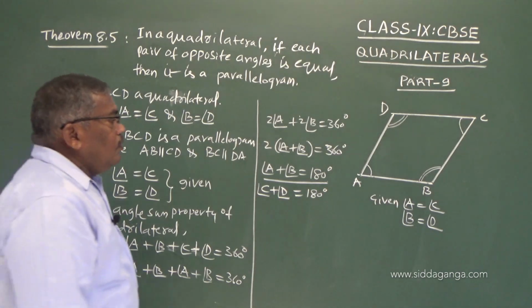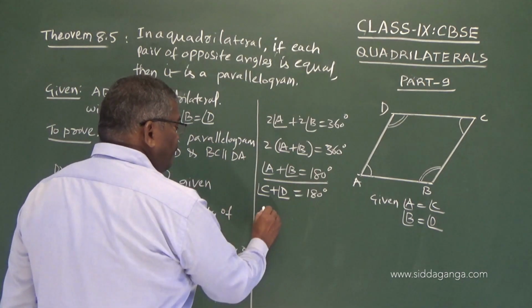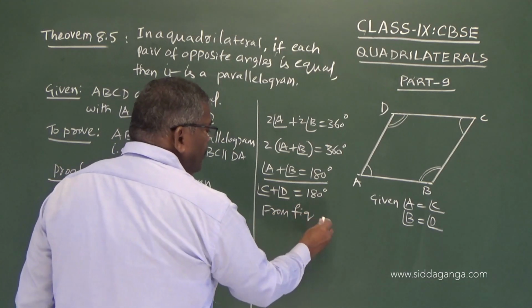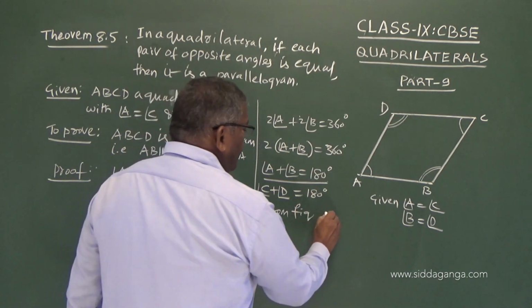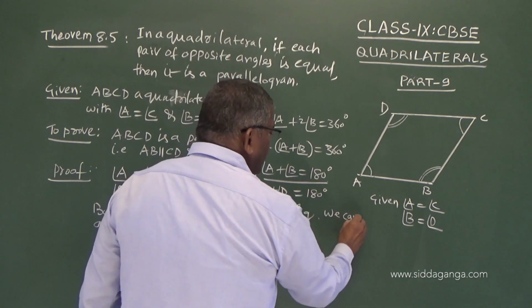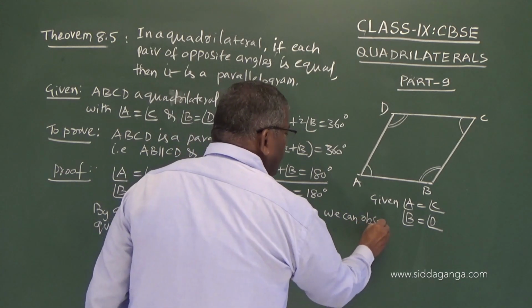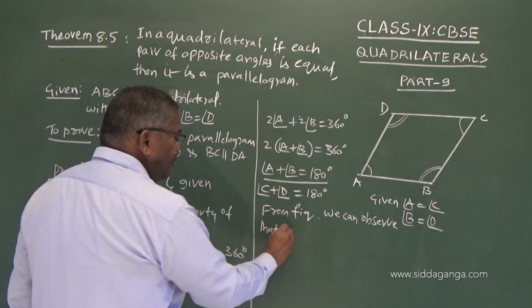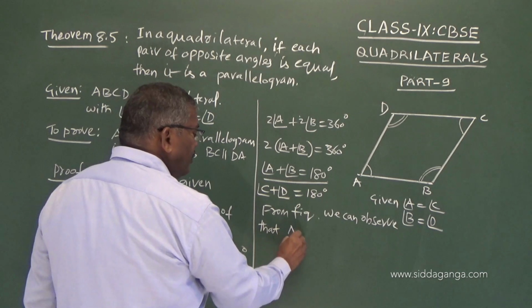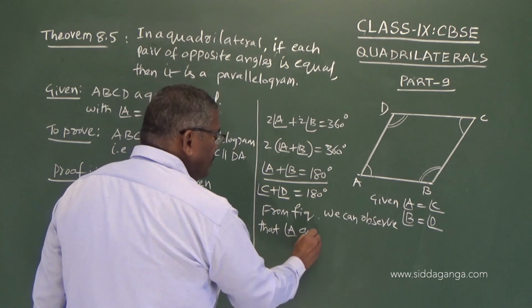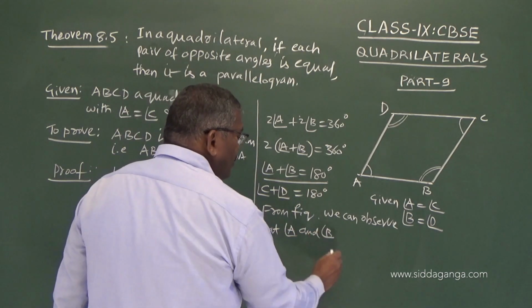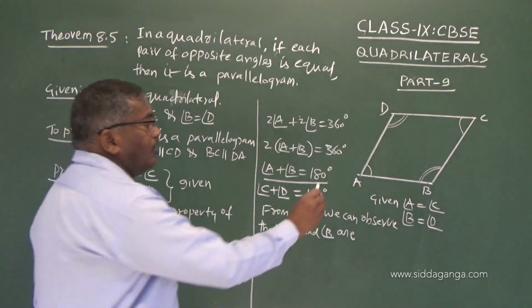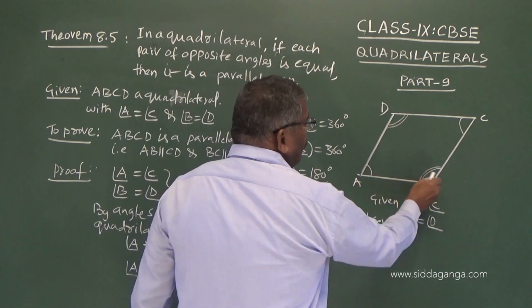So from the figure we can observe that angle A and B are consecutive interior angles.